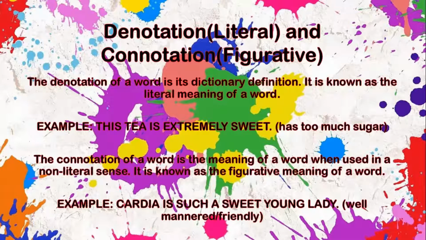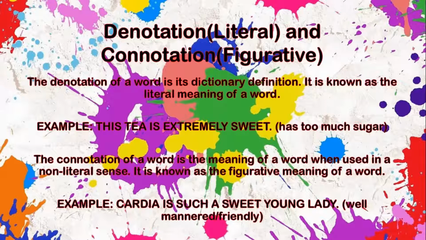Sweet takes on a completely different meaning, and it could mean well-mannered, friendly, polite, or other positive personality traits. When that happens, we say that the meaning of the word is in a non-literal sense, which means the word is used figuratively.